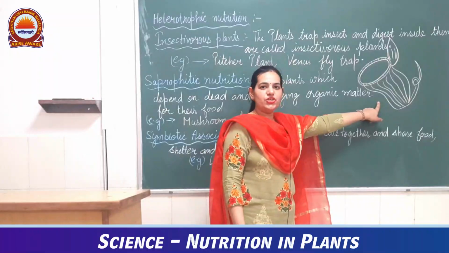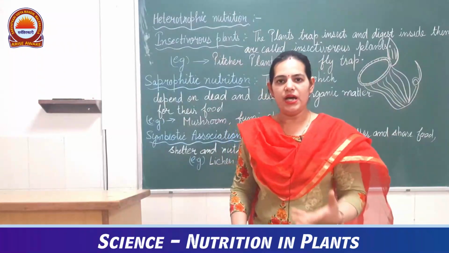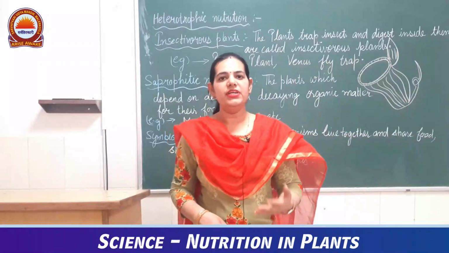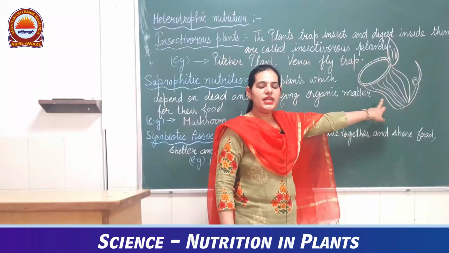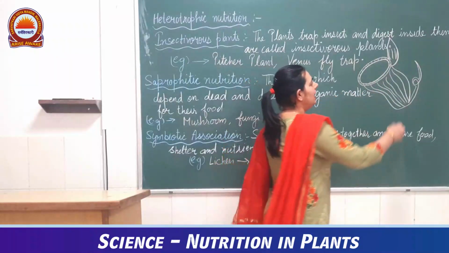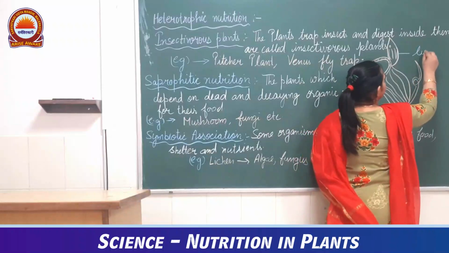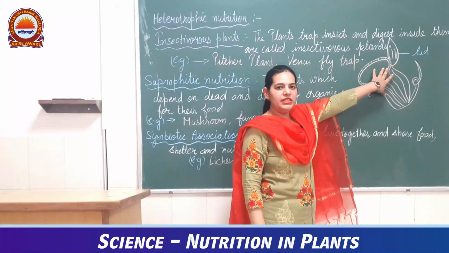This is the structure of the pitcher. Actually, the pitcher plant has leaves modified into the structure of a pitcher. These are actually leaves modified into a pitcher-like structure, and here is the lid which is present at the upper base of the leaf.